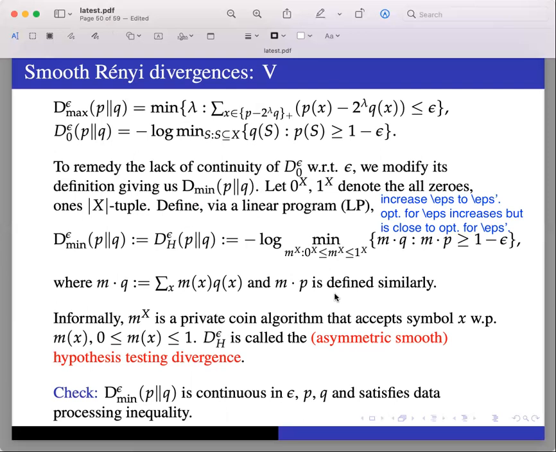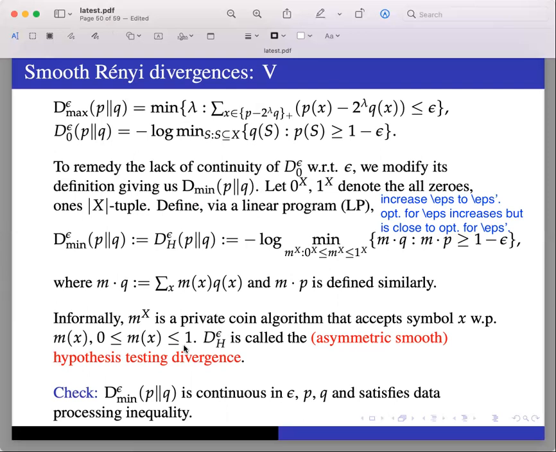So we make it continuous by allowing each coordinate to vary continuously from 0 to 1. D0 epsilon was discontinuous because this slight increase of epsilon to epsilon prime allowed one more point in the support to come in.